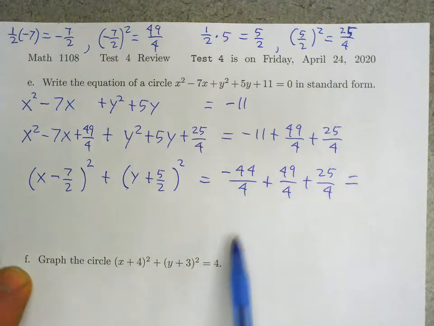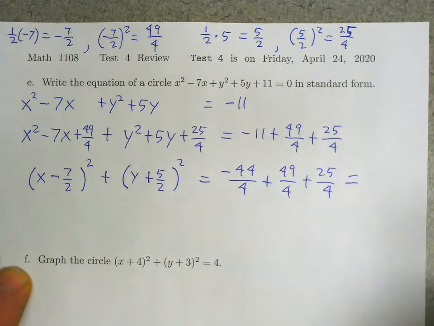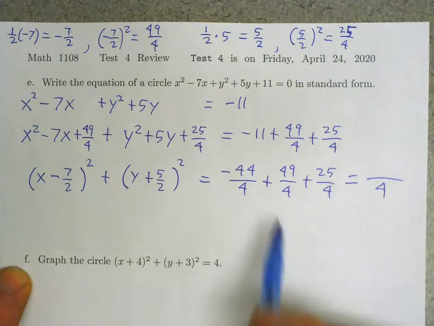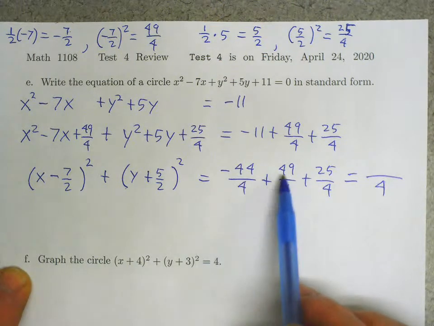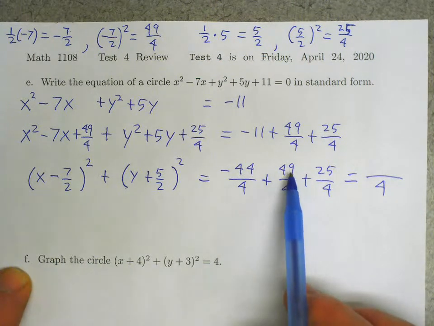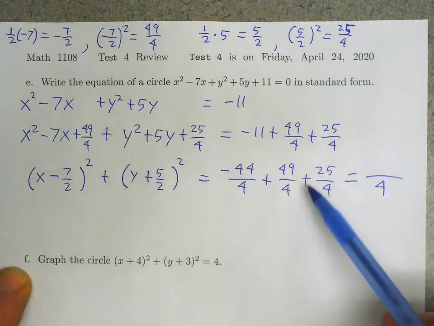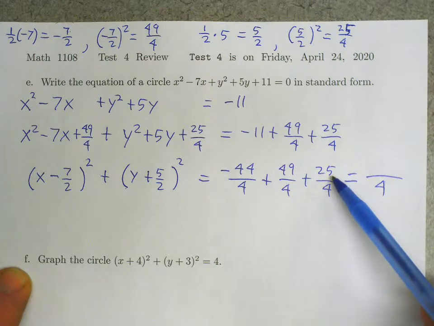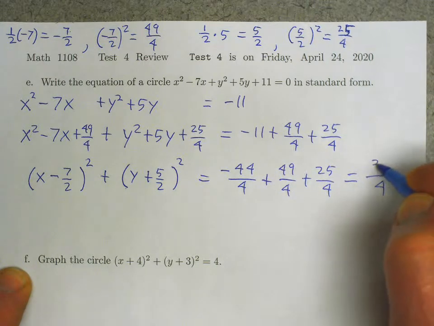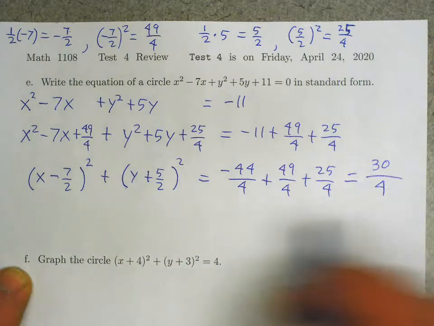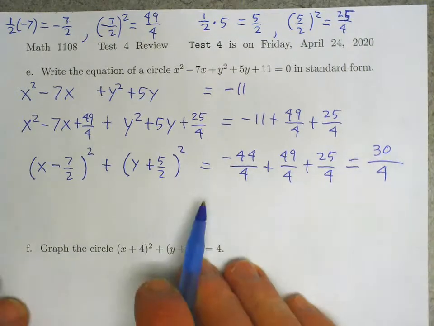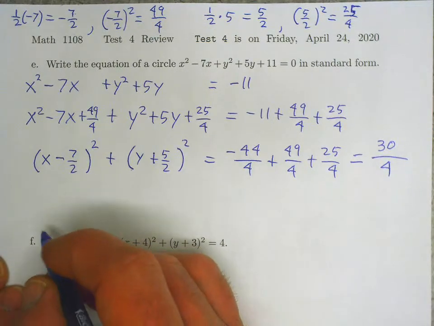We can do that. Since the denominators are the same, negative 44 plus 49 is positive 5, so 5/4. And then 5/4 plus 25/4 is 30/4. And we can write that fraction in lower terms, so we'll do that.